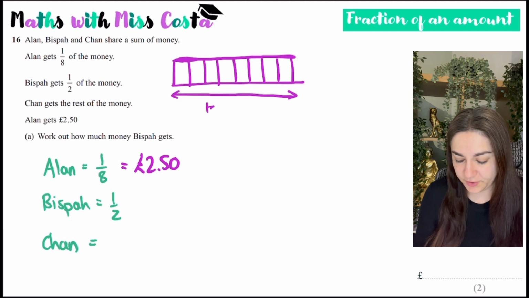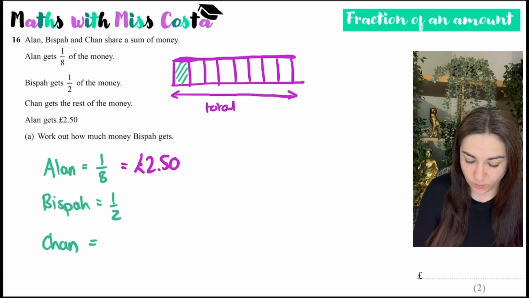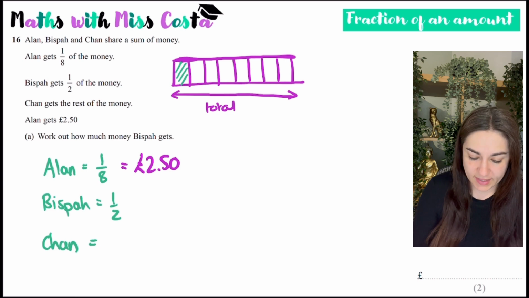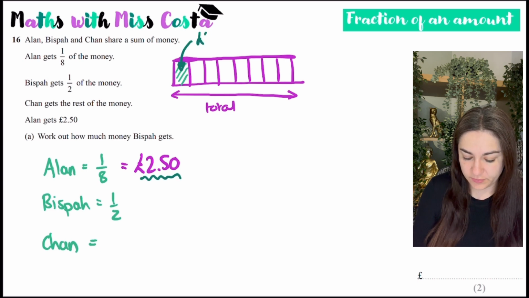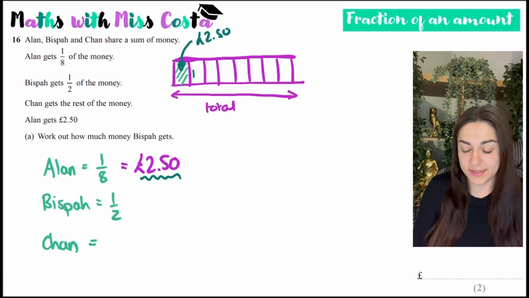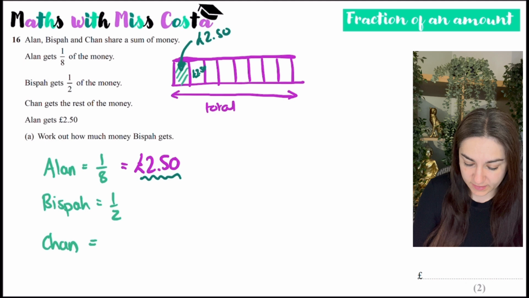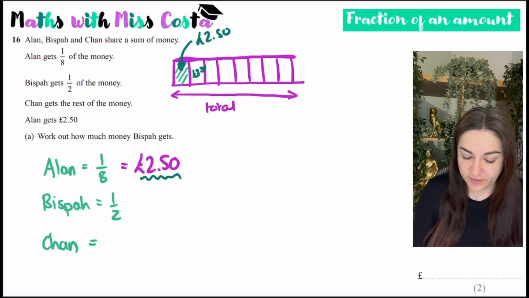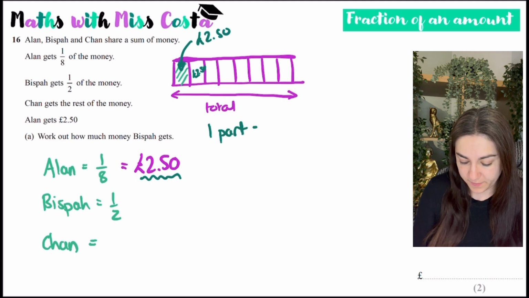So I know this is the total of the money. And I know that Alan gets 1 out of those 8 parts. And I'm told that 1 out of those 8 parts is equal to £2.50. So each part is equal to £2.50. I just know that 1 part, or 1/8, is £2.50.